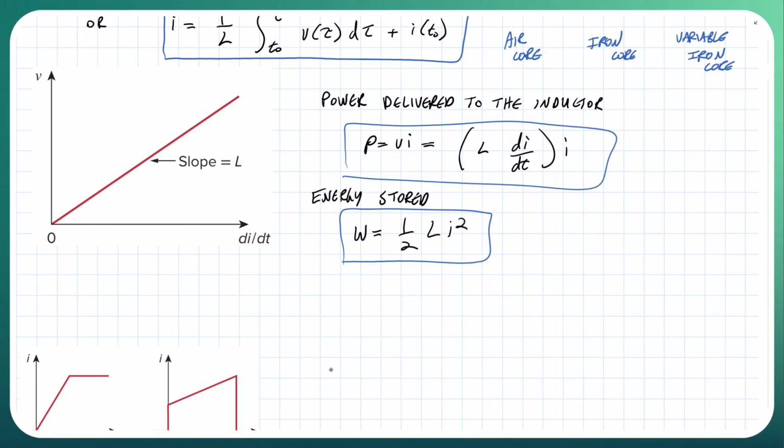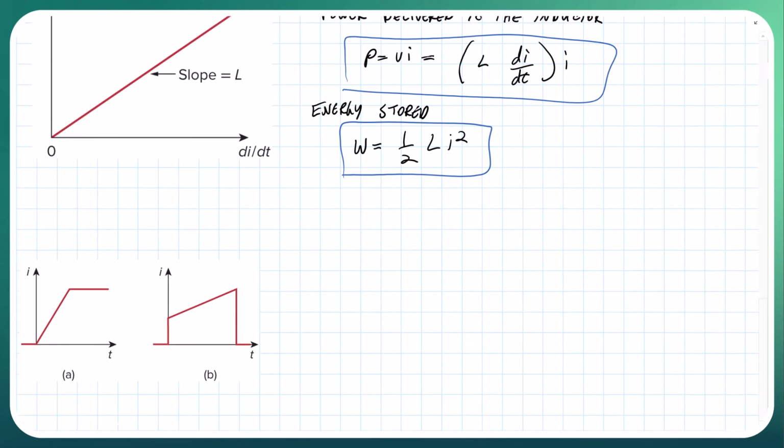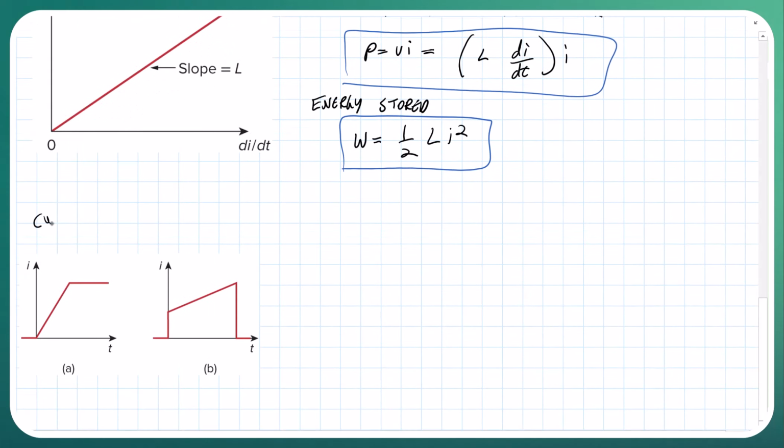Okay, so if we look here, current through an inductor cannot change instantaneously.